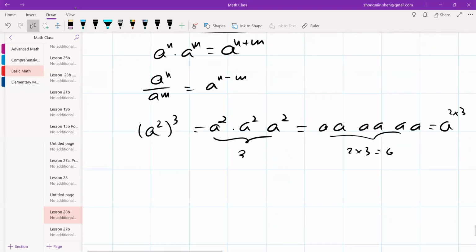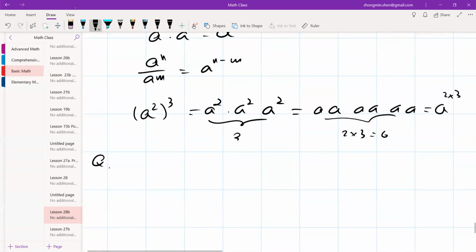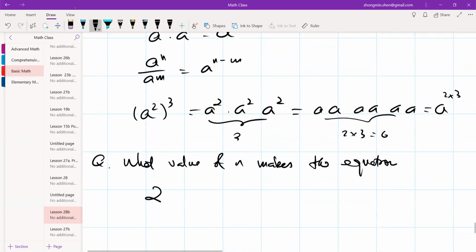Okay, so now let's look at the following equation. What value of n makes this equation true? 2 to the 5th times 4 squared equals 8 to the power n.